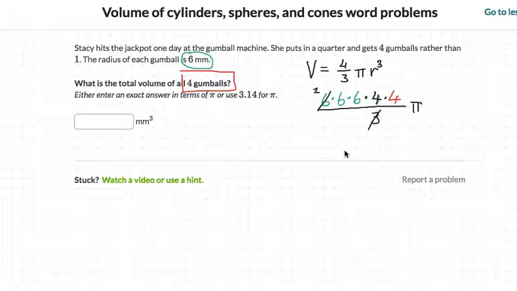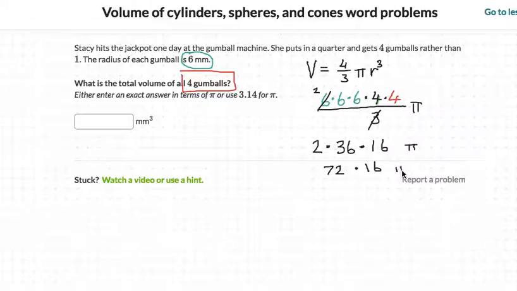So let's break this up into separate parts. 6 times 6 is 36 times 2, and 4 times 4 is 16. And don't forget your pi. 2 times 36 is 72, and 72 times 16 we will do separately.